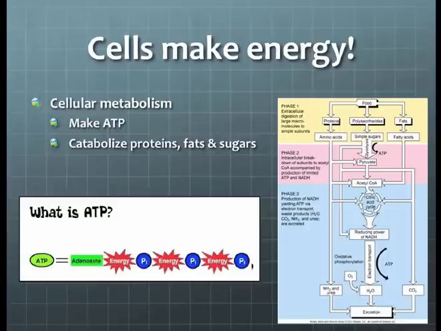The first thing it tries to do is break down the simple sugars. The cell says, we need to be able to use this, and it begins a process called glycolysis. So phase 2 is essentially glycolysis. Glycolysis is the breaking down of glucose, right? Glyco, the Latin word, I believe, for glucose.